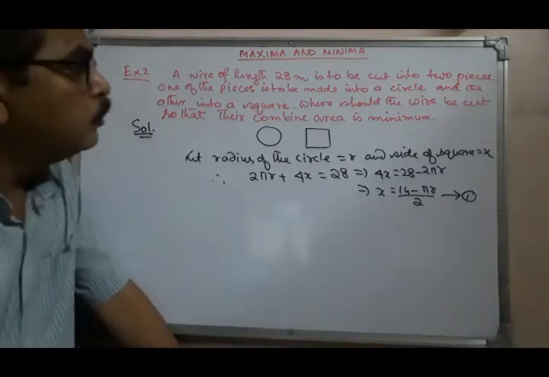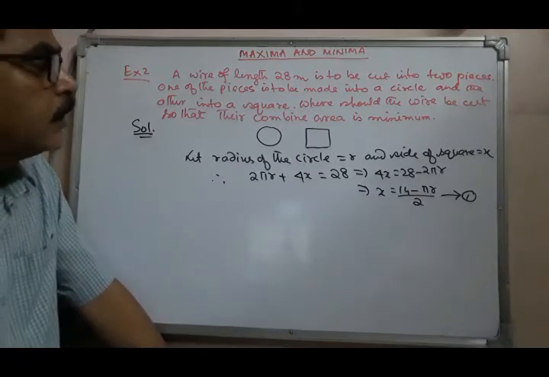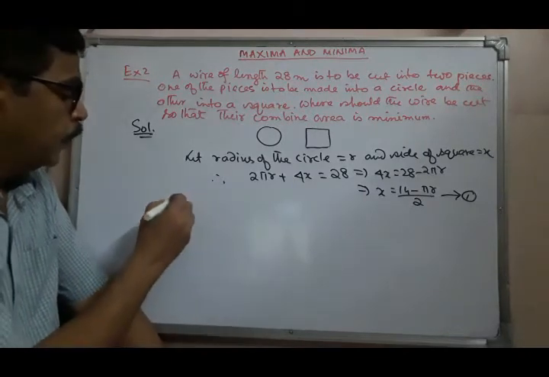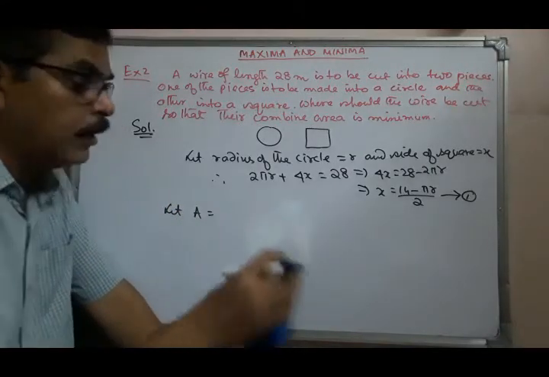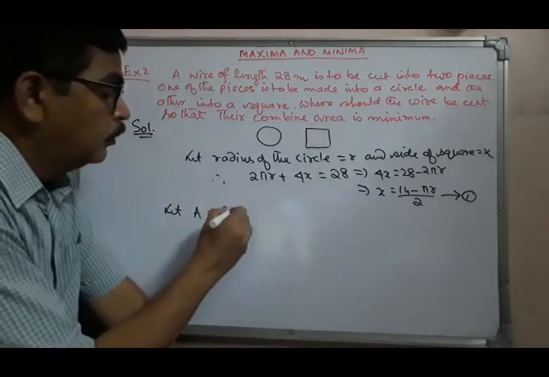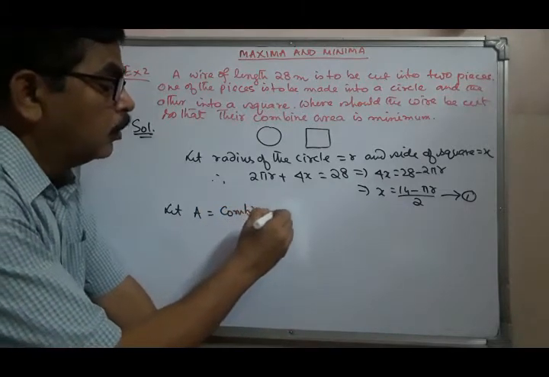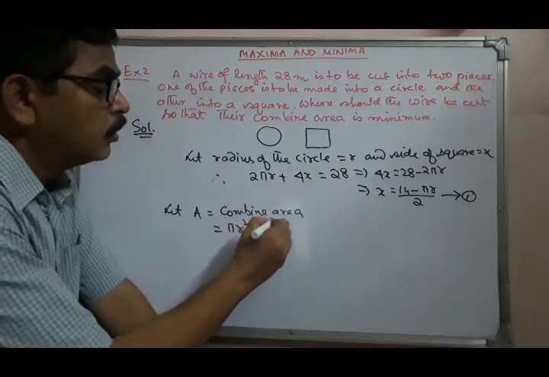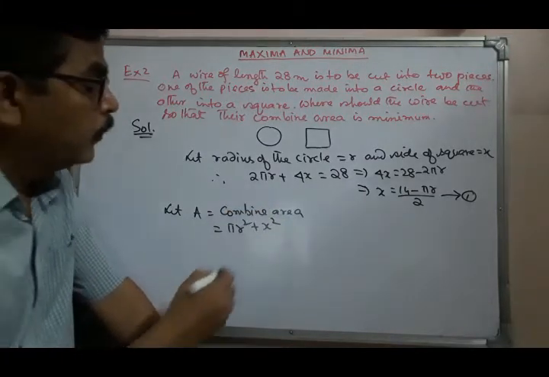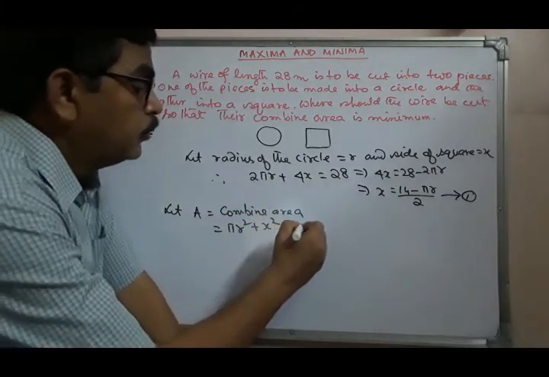Now, the term which is to be maximized or minimized is their combined area. Let A be the combined area. Combined area, that is pi r square plus x square. So therefore, what will we get?